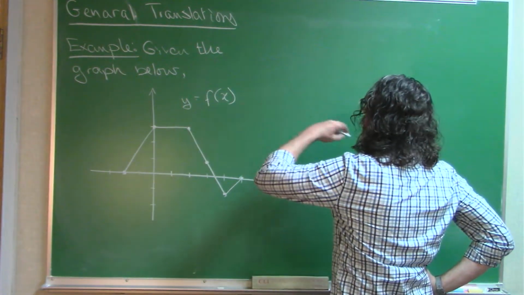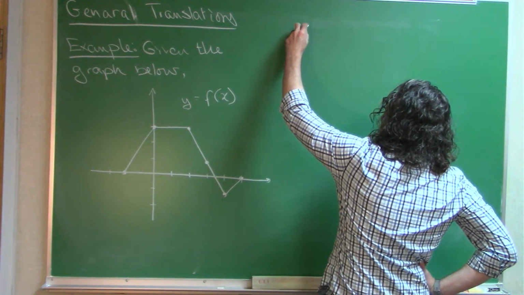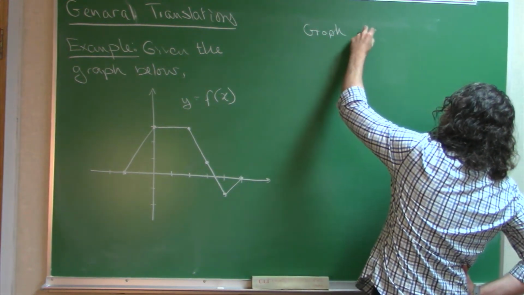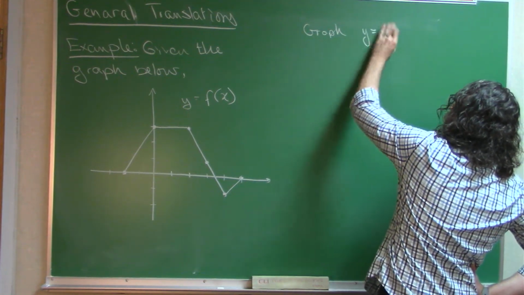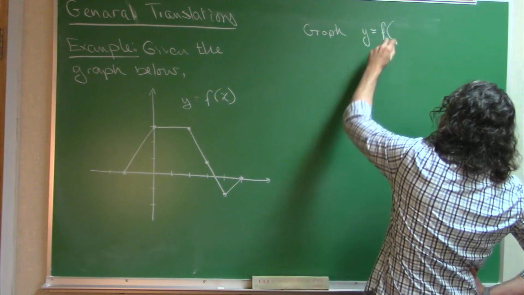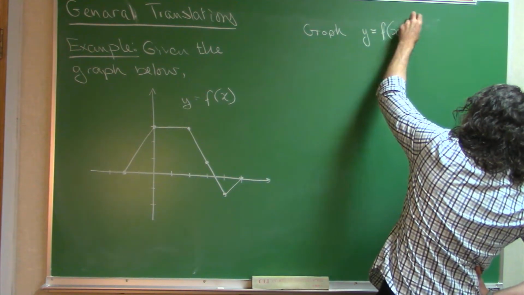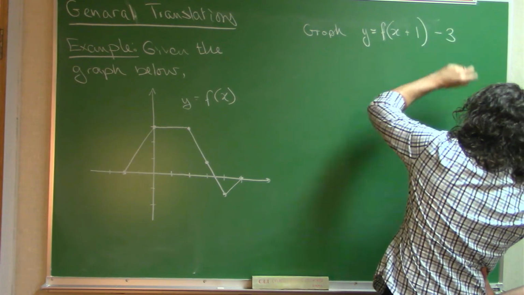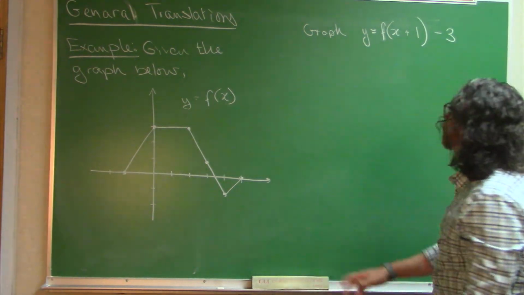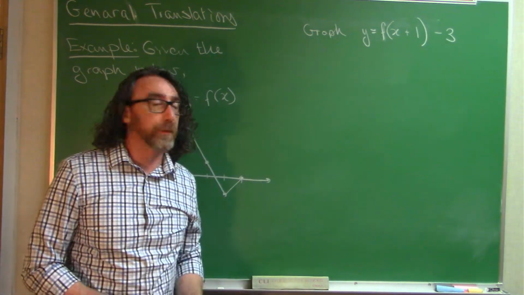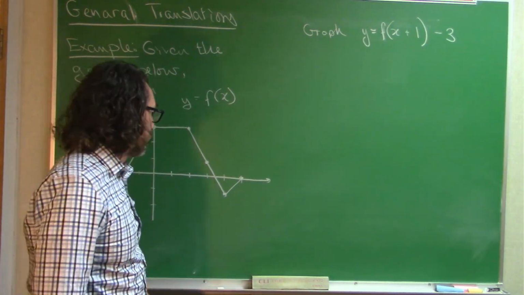So given that graph below, let's do this. We're going to graph y equals f of x plus 1 minus 3. Okay, so f of x plus 1 and then a minus 3 on the outside.